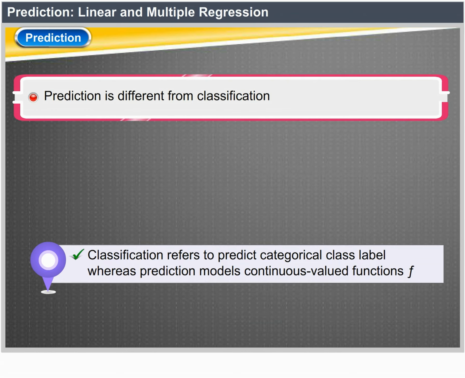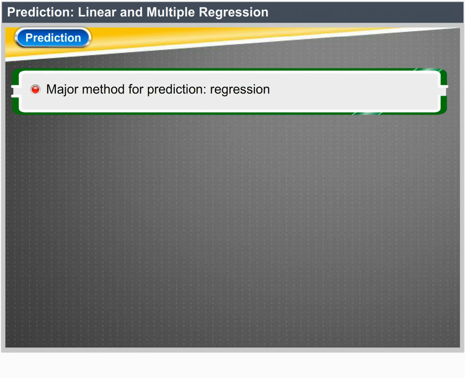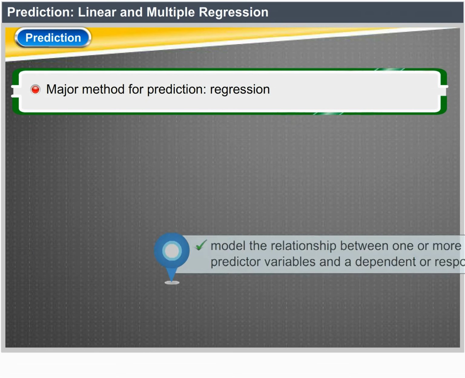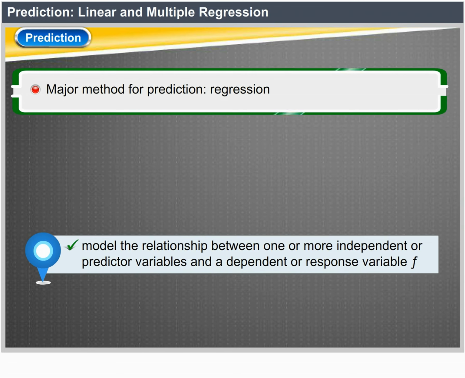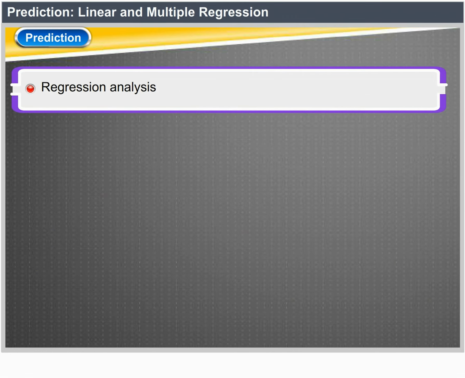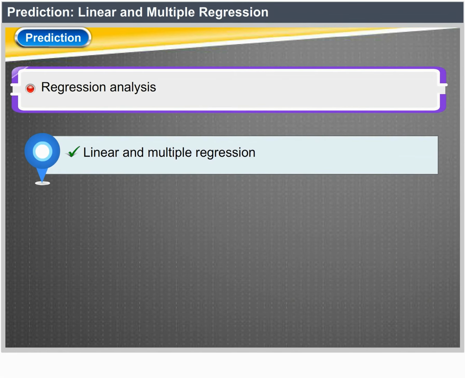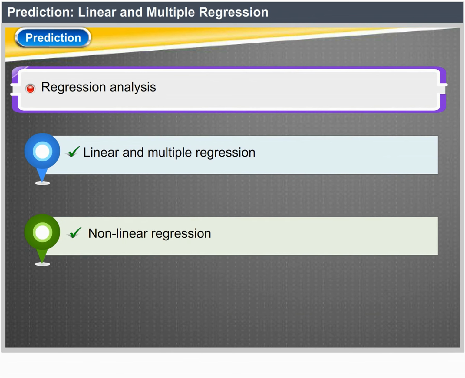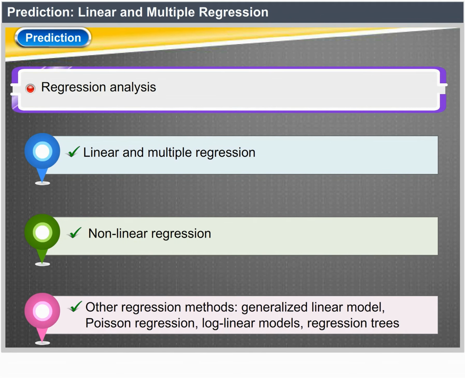The major method for prediction is regression: model the relationship between one or more independent or predictor variables and a dependent or response variable. Regression analysis covers linear and multiple regression, nonlinear regression, and other regression methods: generalized linear model, Poisson regression, log linear models, regression trees.